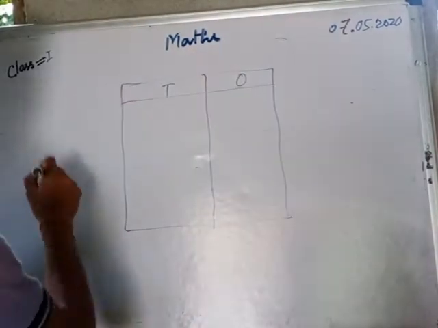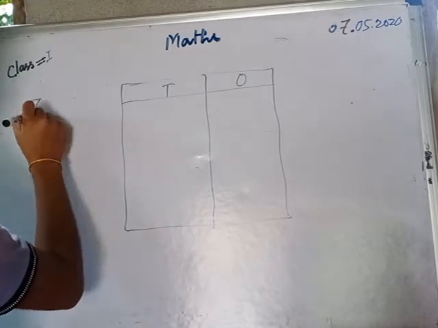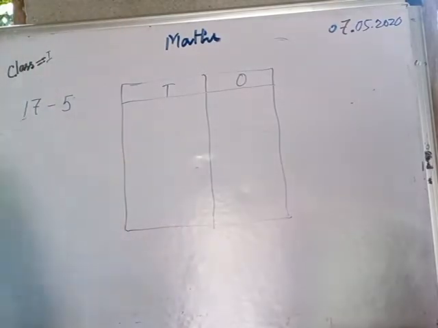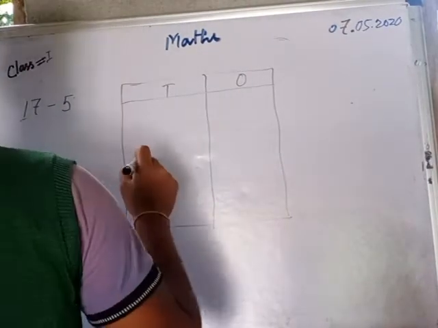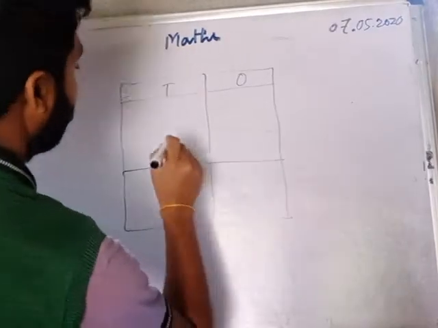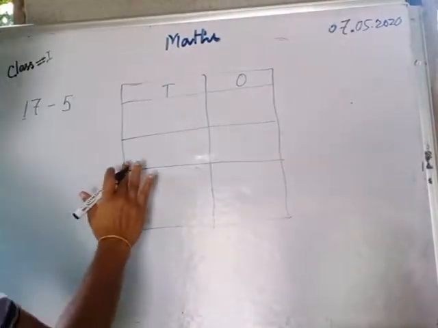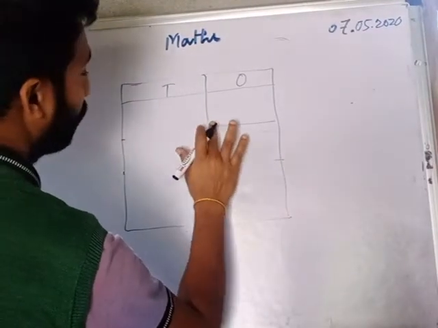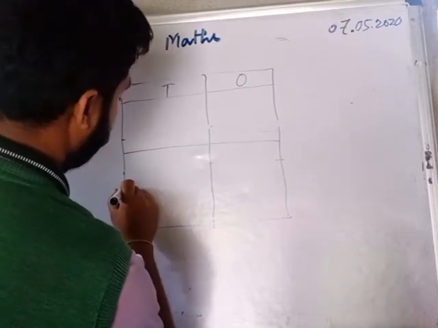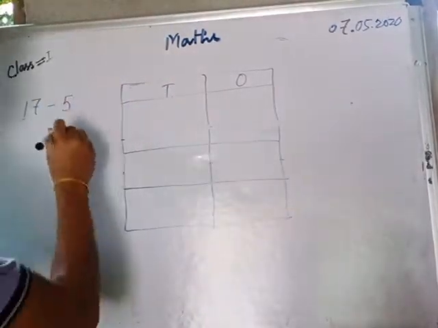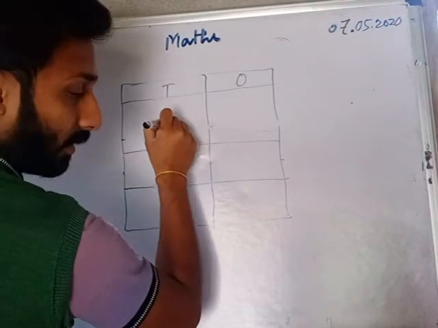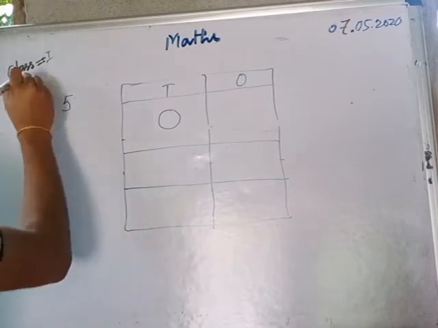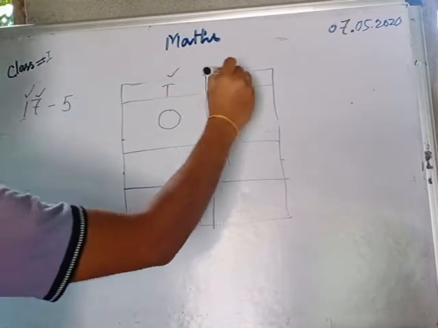Suppose it is 17 minus 5. 17, that means 1 is at the place of tens, so we should write here just 1. But there is 7. 1 is at the place of tens and 7 is at the place of ones.